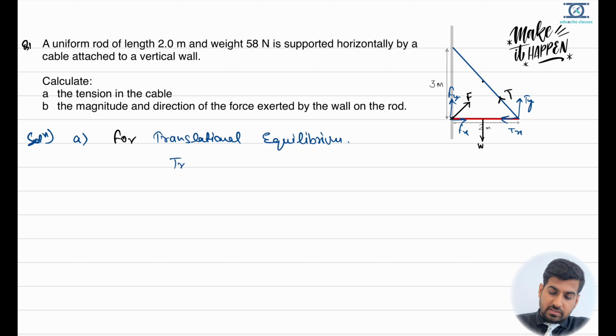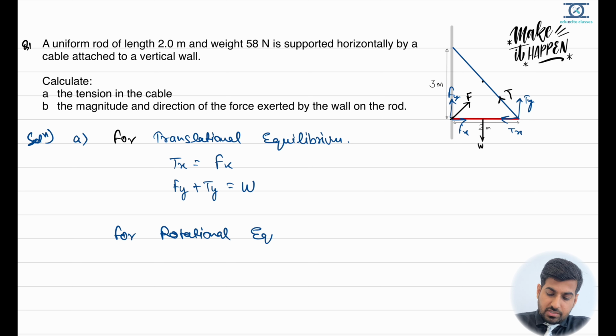So T x is equals to F x. Similarly, vertically F y plus T y is equals to W. So I can make these two equations using the translational equilibrium. If it is not clear, you can just let me know. Another way is using rotational equilibrium.